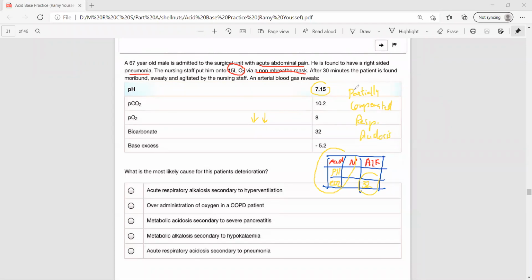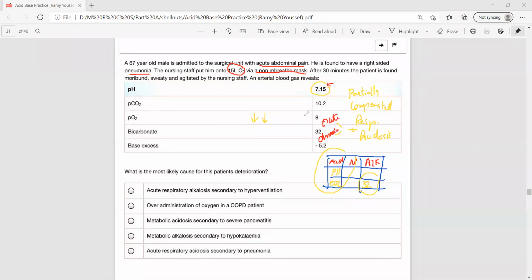Respiratory acidosis, is it acute or chronic? It's acute, because the pH is not normal.